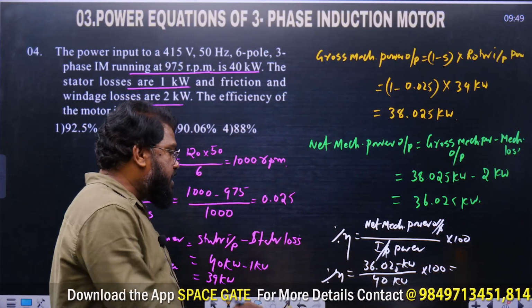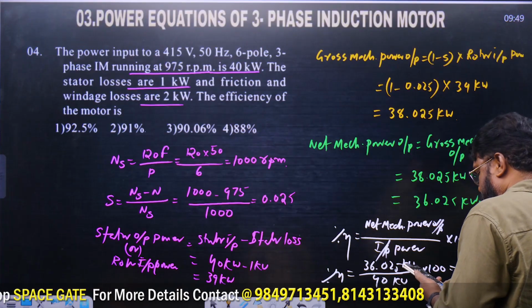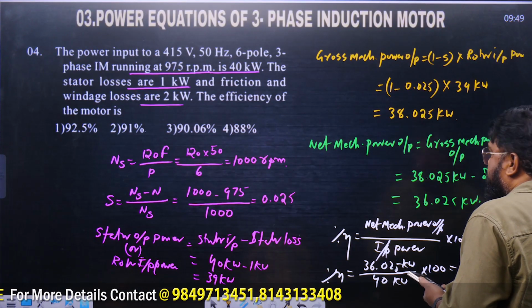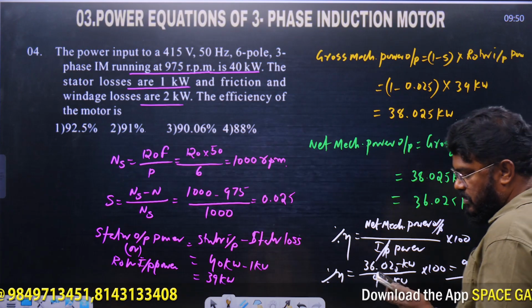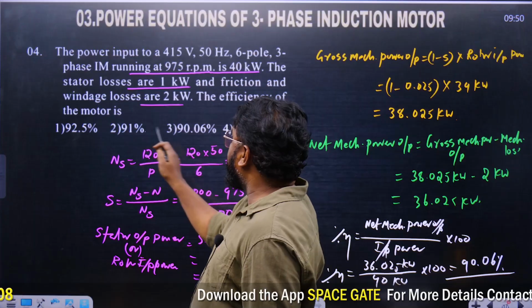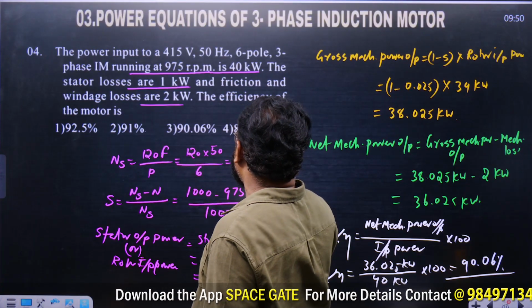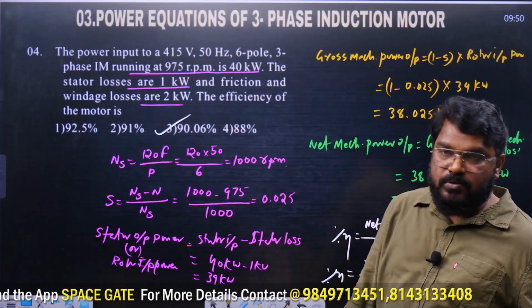By solving this, the value is 90.06%. So 90.06% is the right answer for this question. The options are 92.5%, 91%, 90.06%, 88%, so option 1 is correct.